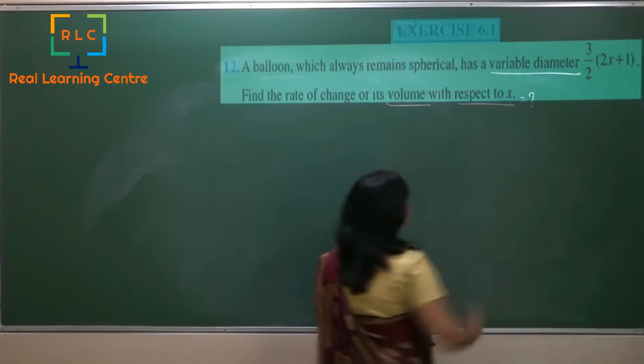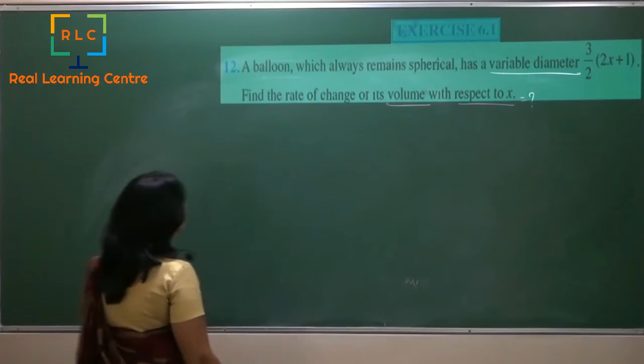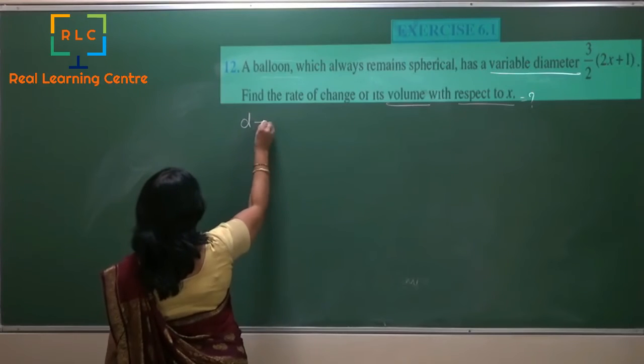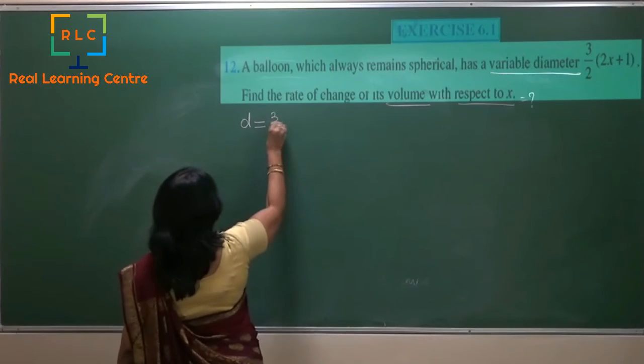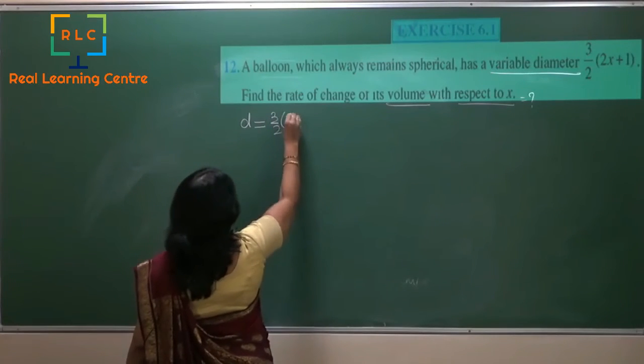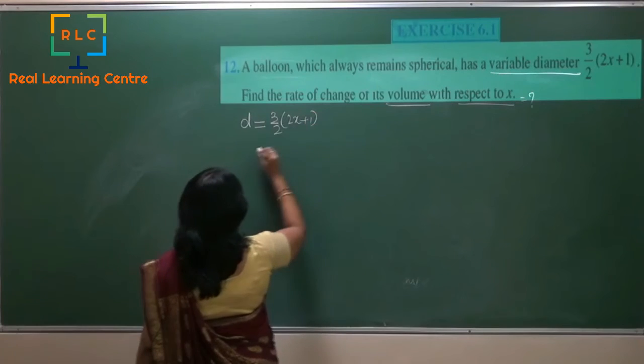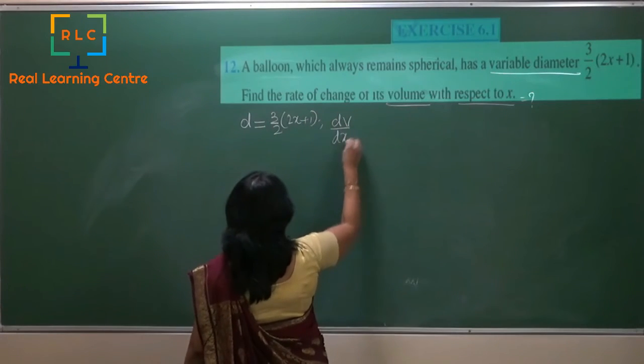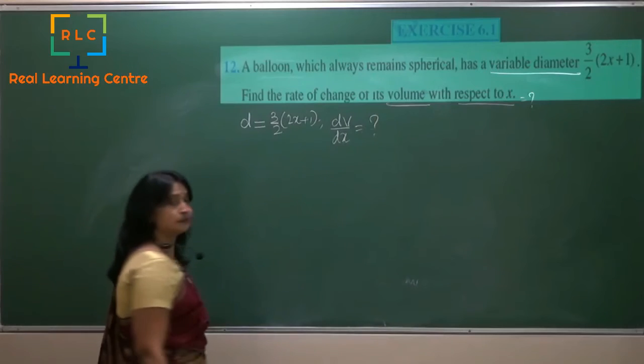So let me write: always remains spherical, variable diameter is equal to 3 by 2 into 2x plus 1. Find the rate of change of its volume with respect to x. dv by dx equal to question mark.